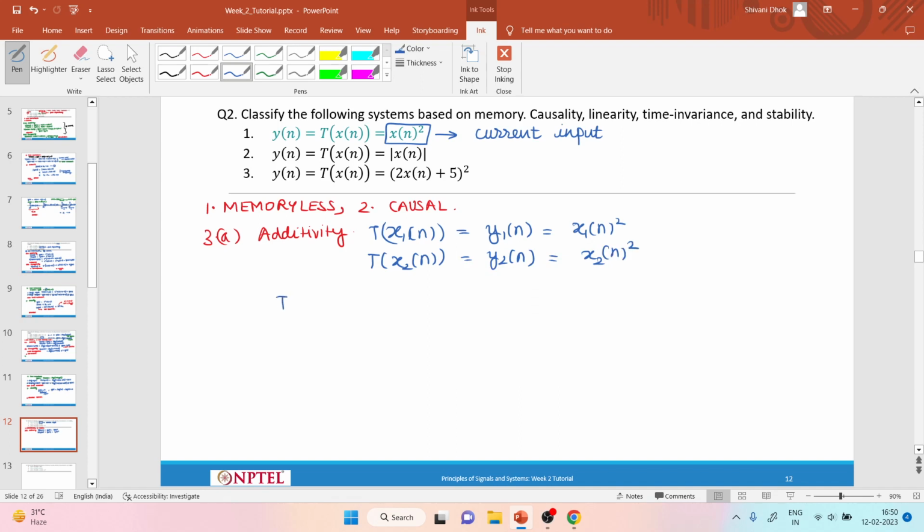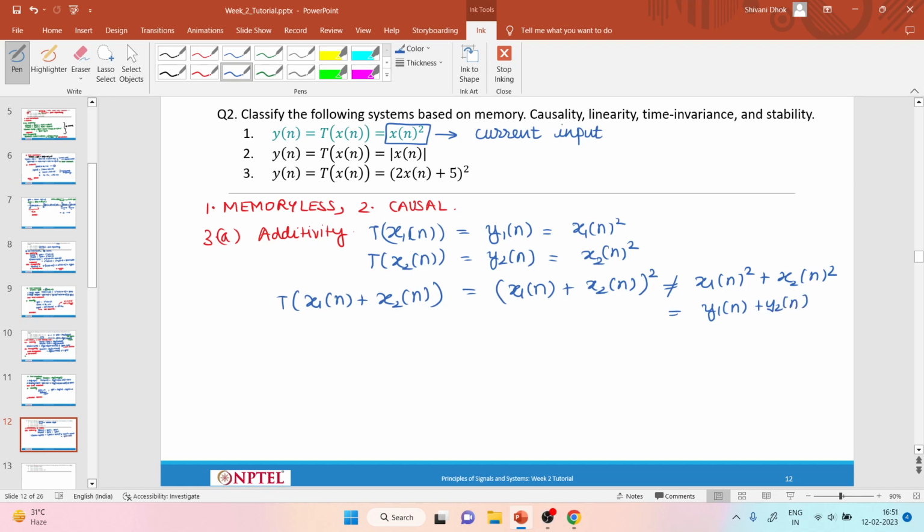And suppose I give x1 of n plus x2 of n as input, my output will be x1 of n plus x2 of n whole square, which is again not equal to x1 of n square plus x2 of n square, because we will be getting a factor of 2 times x1 of n x2 of n, and therefore this is not equal to y1 of n plus y2 of n, which means that this is not additive.